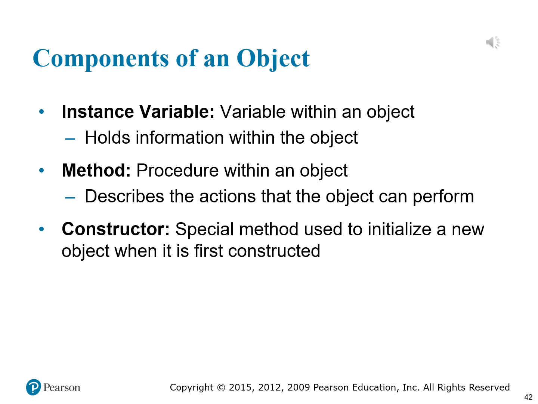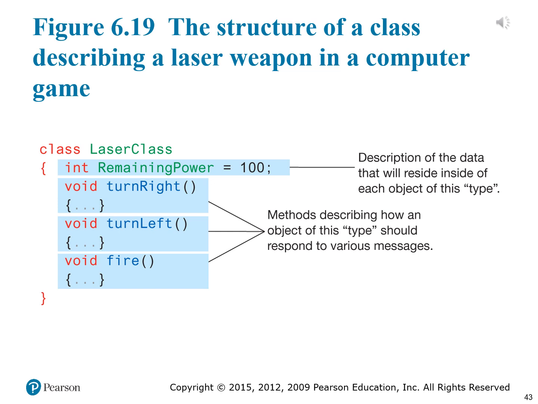A constructor is a special method which is used to create an object from a class and initialize the object state. As an example, in this figure, a class named laser class, describing the structure of a laser in a computer game, is outlined.